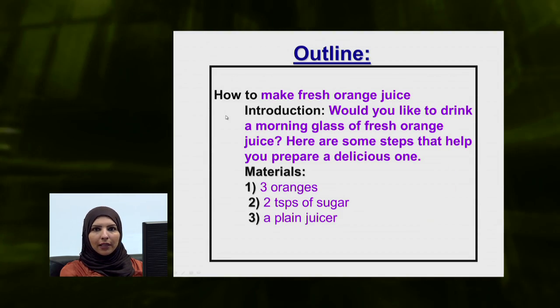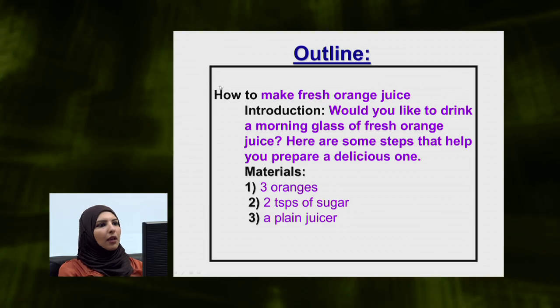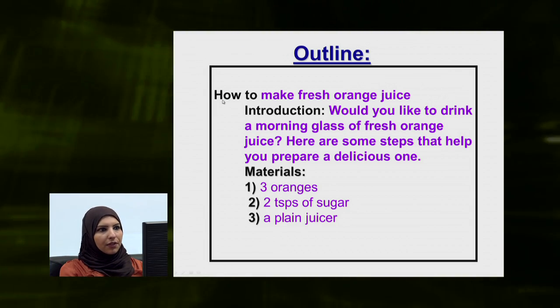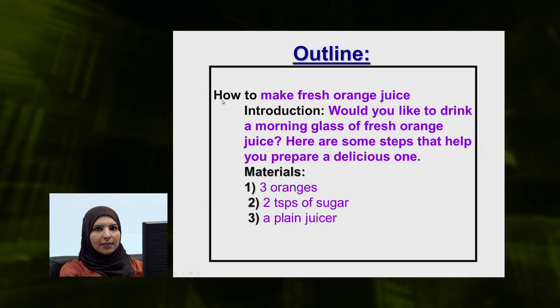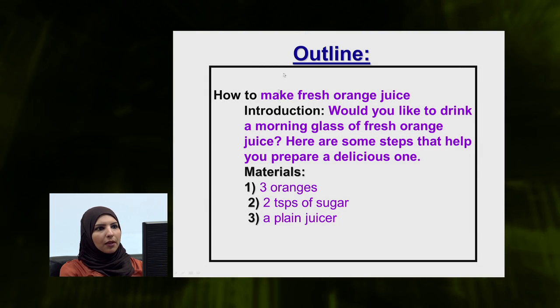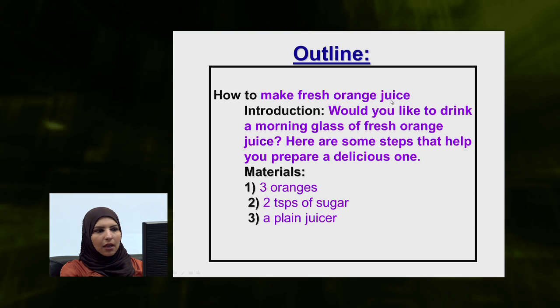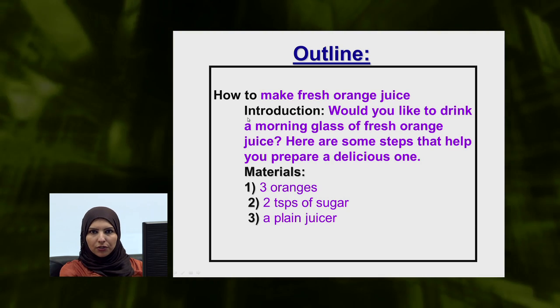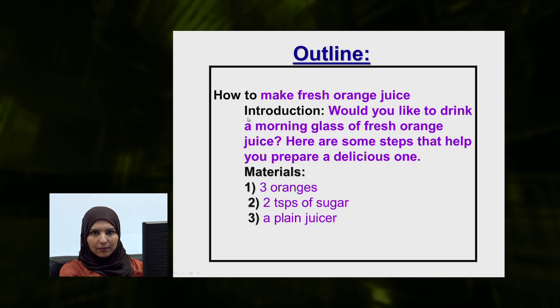Now let's apply what we read previously, or what we discussed, into our outline. In the first place, we can say that the title is how to make fresh orange juice. After that comes your introduction. That can be like this one.